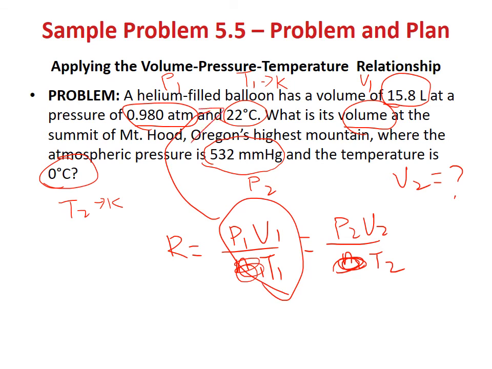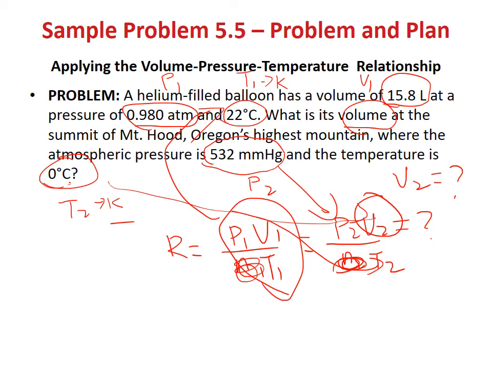In state 2, at high elevation, we have P2 and T2, and we want to calculate V2. First, we need to convert the temperature from Celsius to Kelvin.